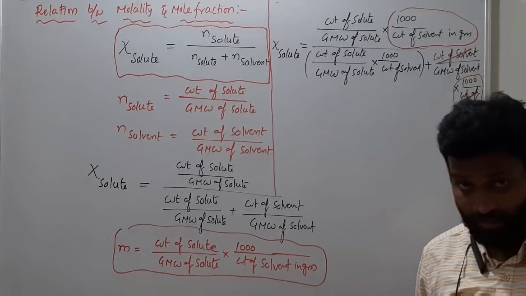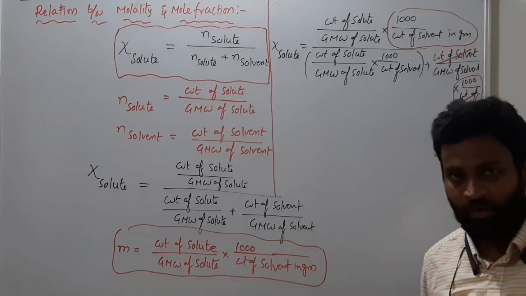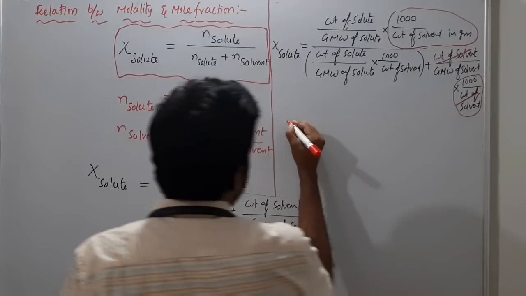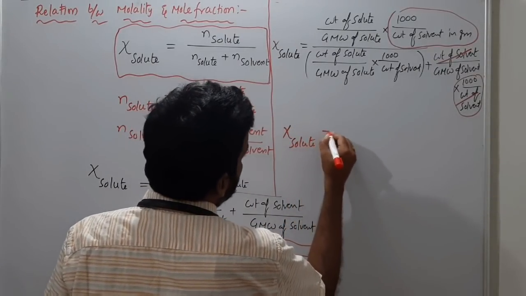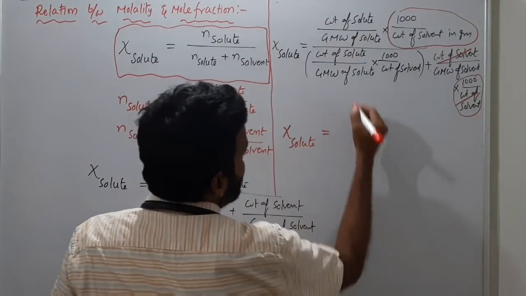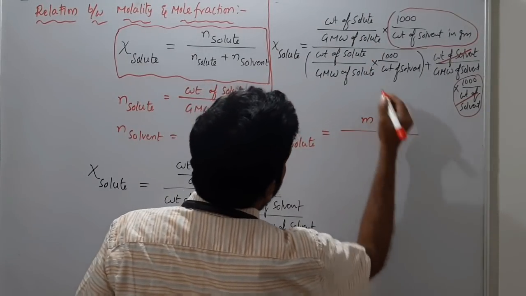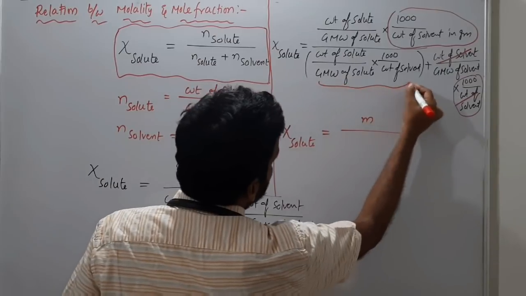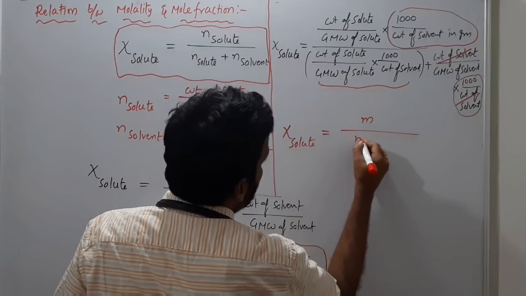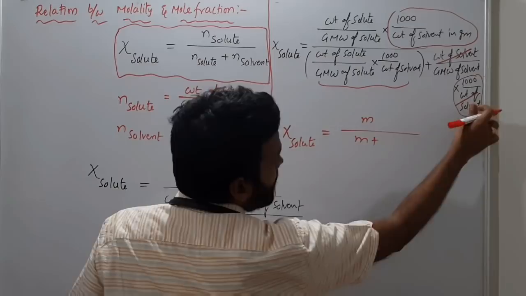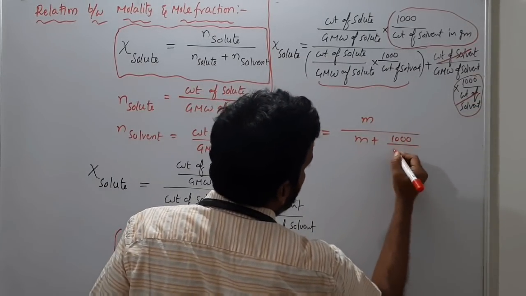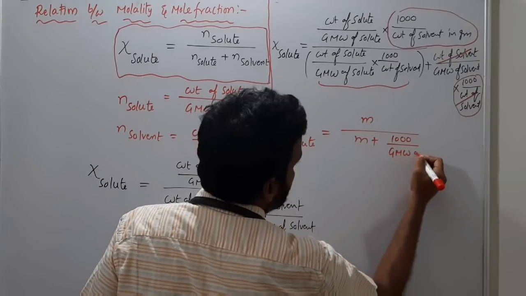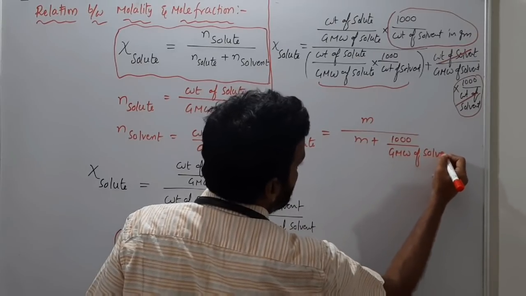Therefore mole fraction of solute is equal to this entire term, molality, by molality plus, weight of solvent and weight of solvent is cancelled, so you have 1000 by gram molecular weight of solvent.